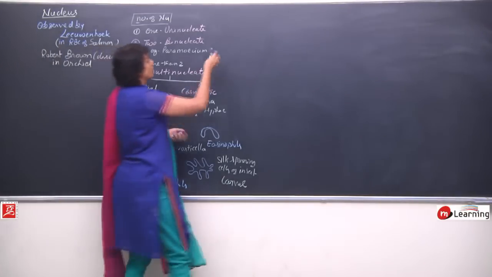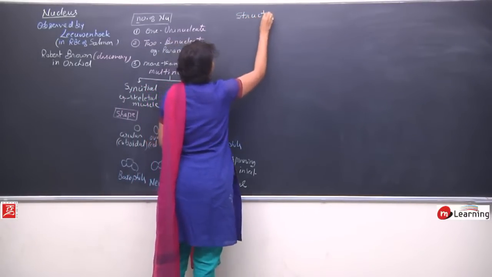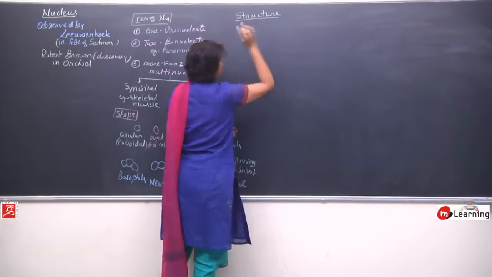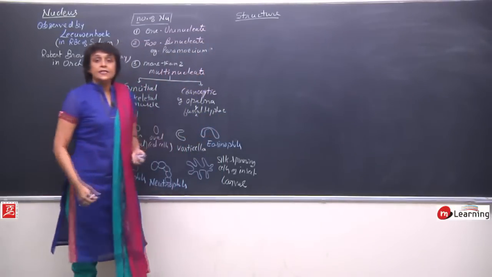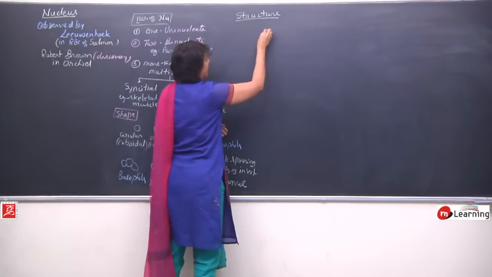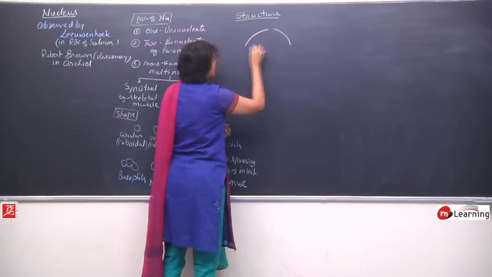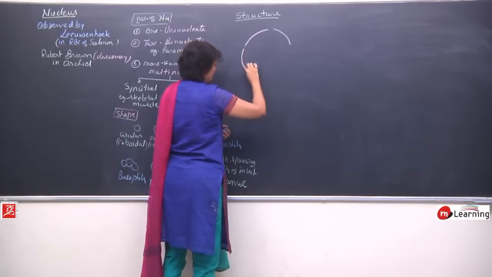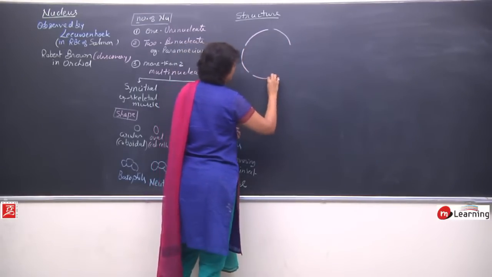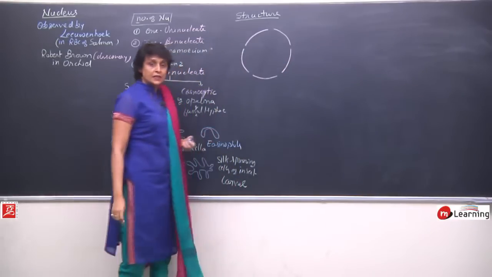Let us see the structure of nucleus. It is a double membrane structure, and the membrane has pores. So it is not a continuous sheet like we draw in case of other membranes.